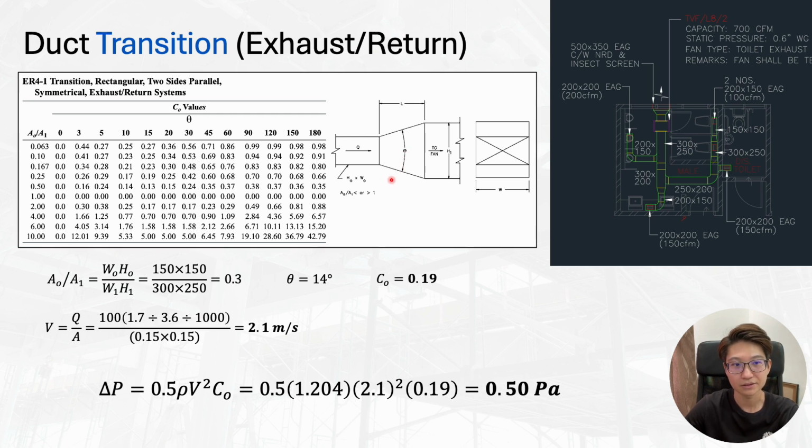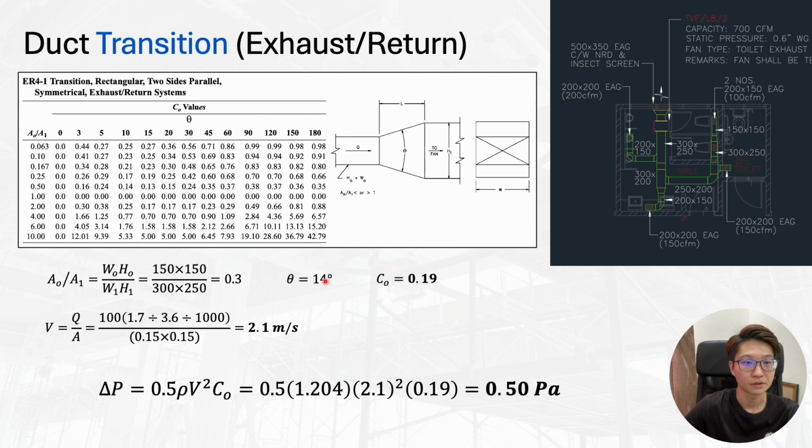The angle basically depends on how much space you have. In our case, I measured in AutoCAD and the angle is 14 only. The smaller the angle, the longer this length, and also the smaller the angle, your pressure loss will be lower.